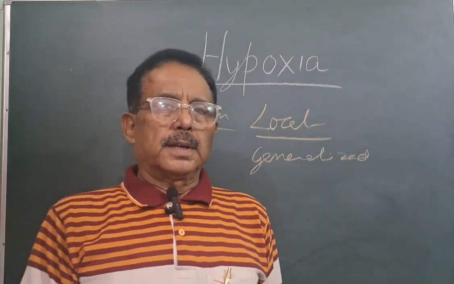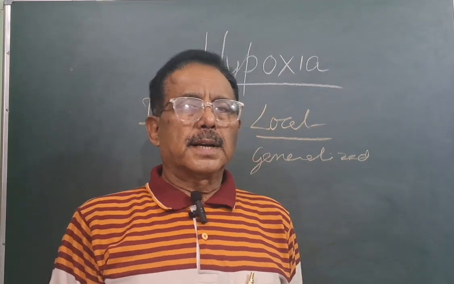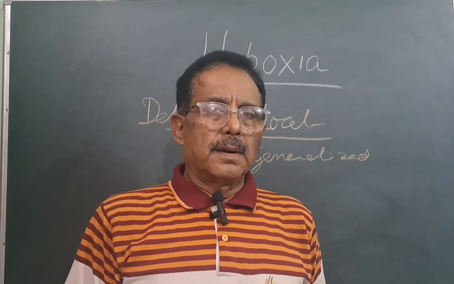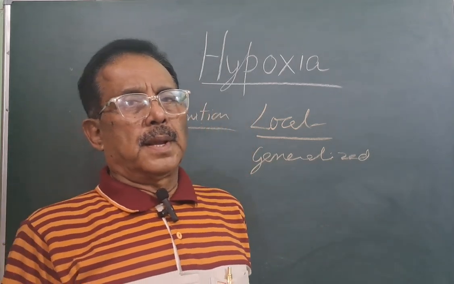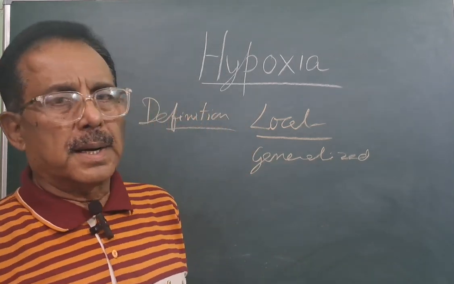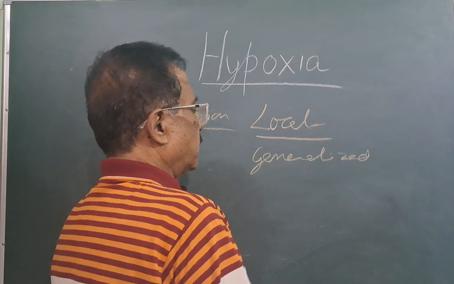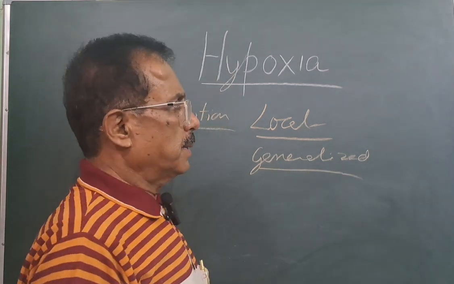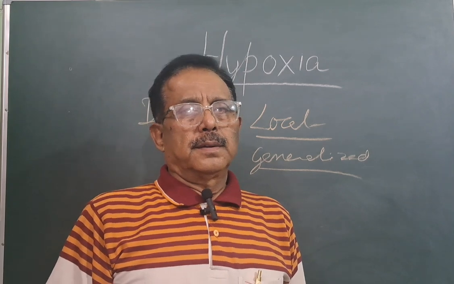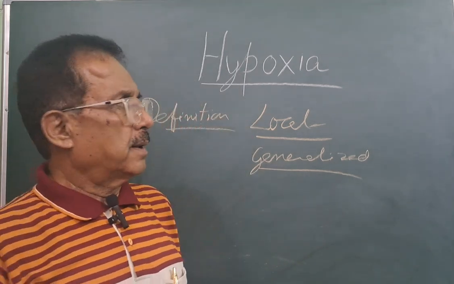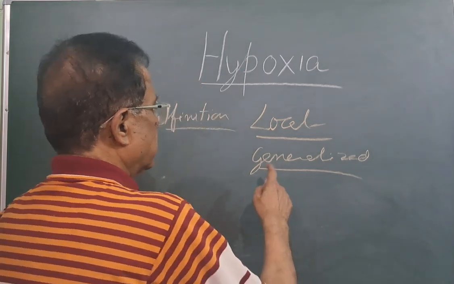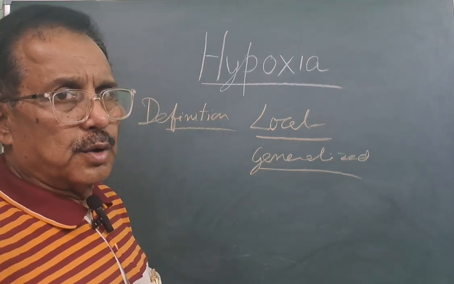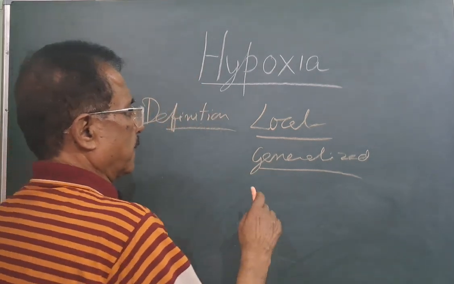Suppose in some ischemic condition there may be hypoxia in the left upper limb or right upper limb. This is local type of hypoxia. And second is generalized. Generalized means the whole body is hypoxic. Hypoxic means the whole body is suffering from loss of or reduced oxygen supply.